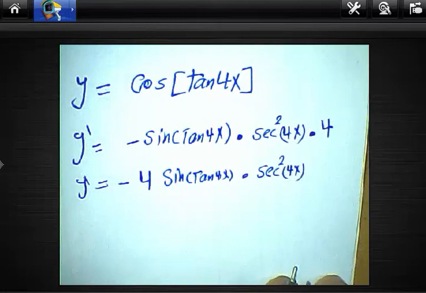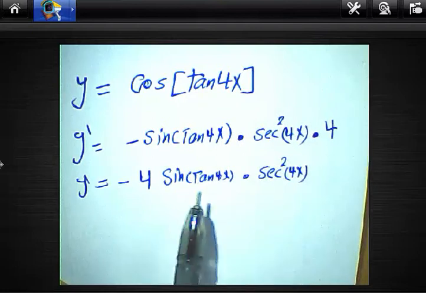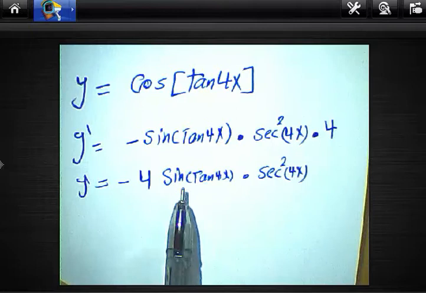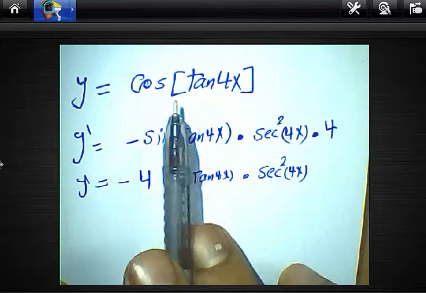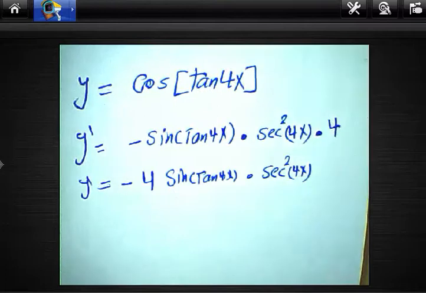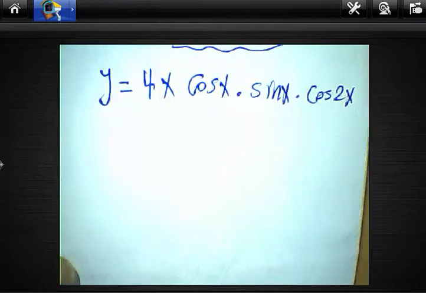Okay, it's a derivative about this function. You must know these properties. We know the angle here, sine multiply by tan 4x. This angle about sine, we want to find the derivative of the function. Look at here.